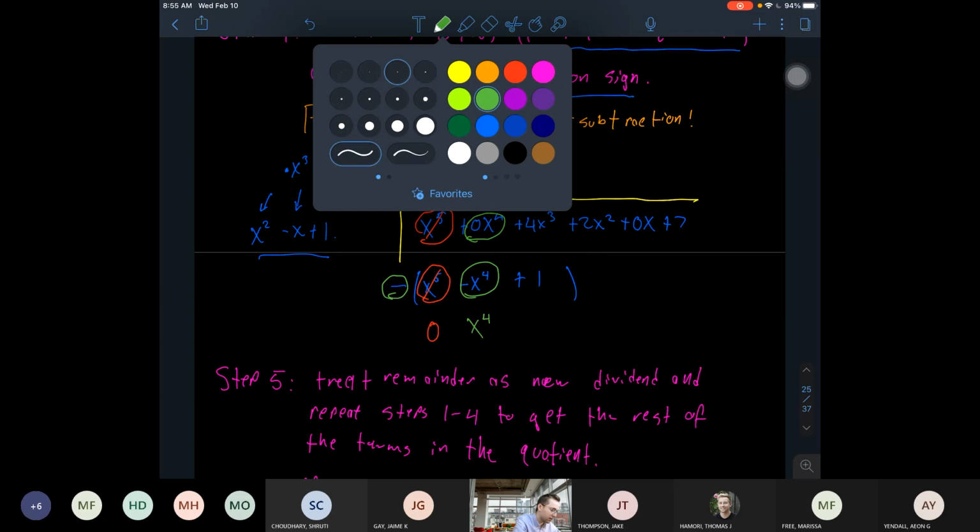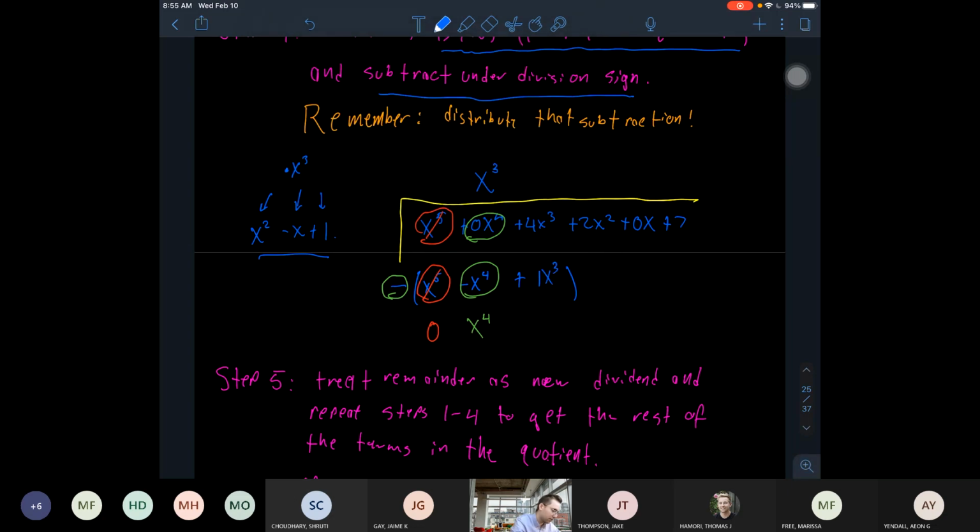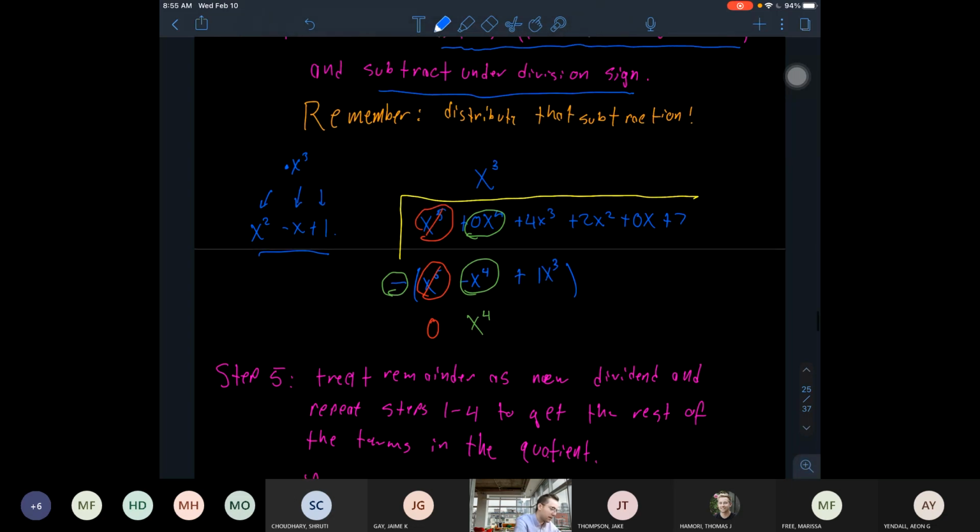And this should have been a 1x cubed. Sorry. So when I subtract 1x cubed from 4x cubed, I get 3x cubed. And then all the rest of the stuff, I didn't subtract anything of like terms, so I just keep it.